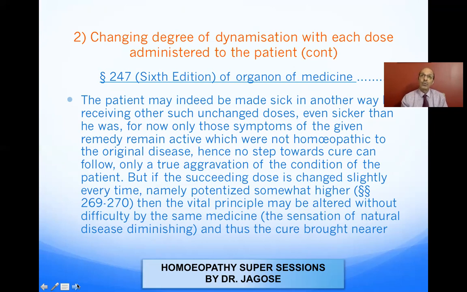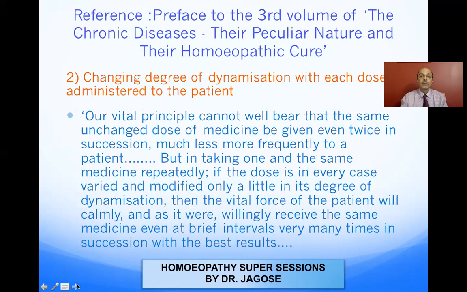But if you use the LM potency, then the vital principle can be altered without much aggravation, and you can repeat the medicine often and then gradually change over to the higher potencies in order to bring out the cure faster.